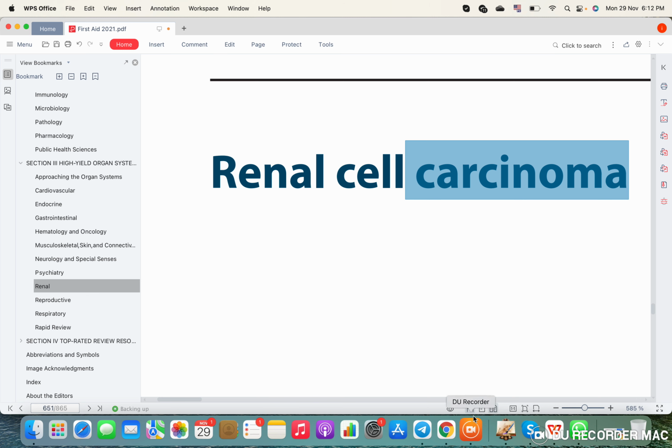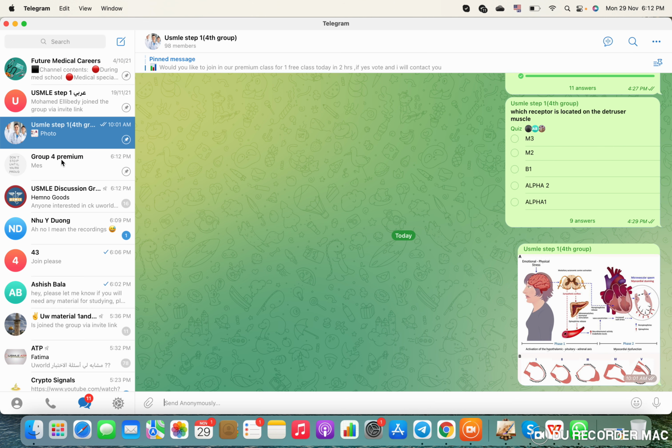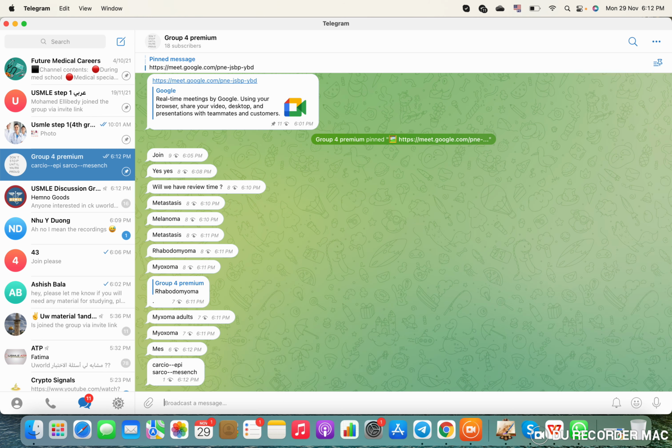Please know that when we speak about carcinoma, it is epithelium. But when we speak about sarcoma, it is mesenchyme. That's the difference between them.